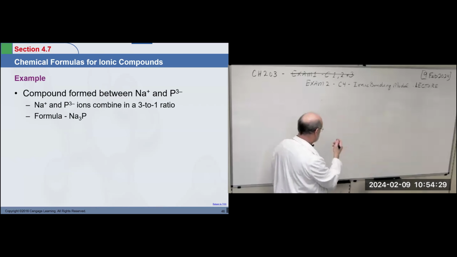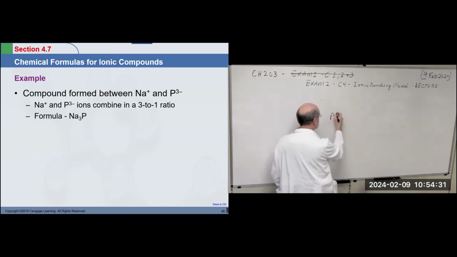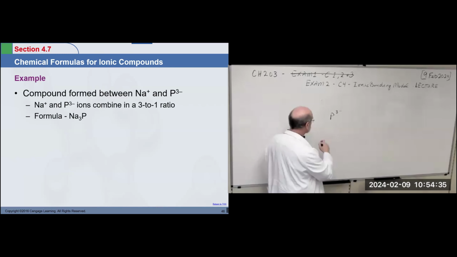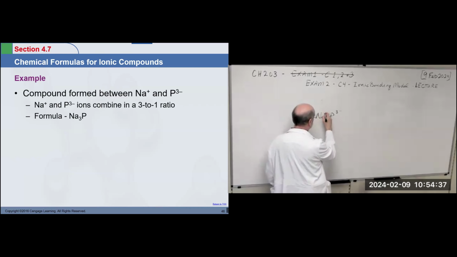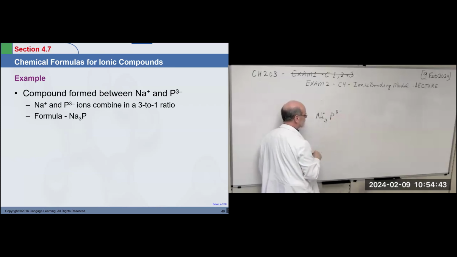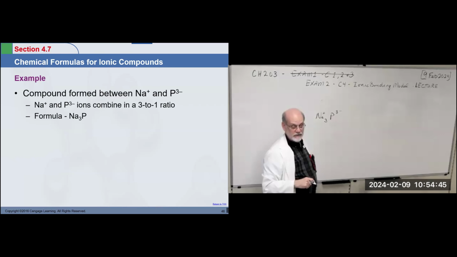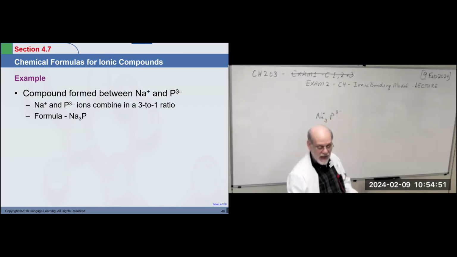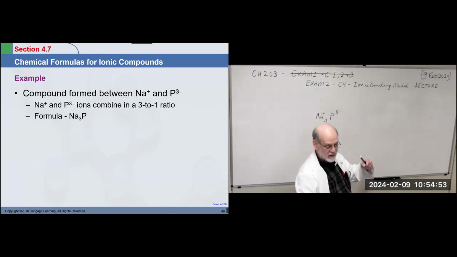So it picks up 3 electrons, and sodium can only lose 1. So you need 3 sodiums to satisfy that 3 electron transfer. So Na3P would be the formula for this compound. And this is an ionic compound. It's a metal and a nonmetal.